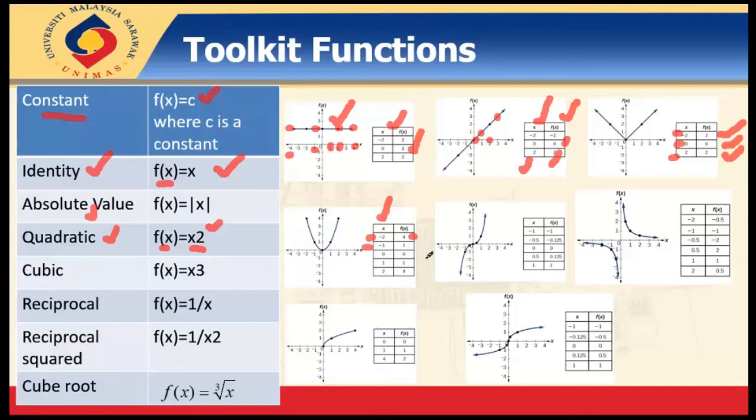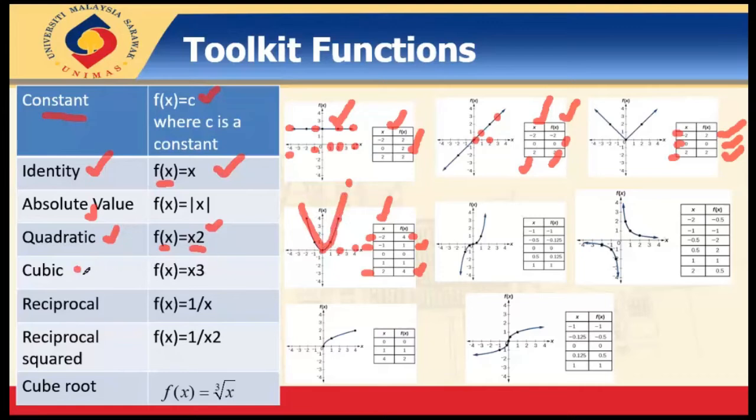Similarly, -1 gives 1, 0 gives 0, 1 gives 1, and +2 gives 4. For 4 it will be 16, going up like this. The same goes for negative values, so its graph will be something like this. This is called a quadratic function.